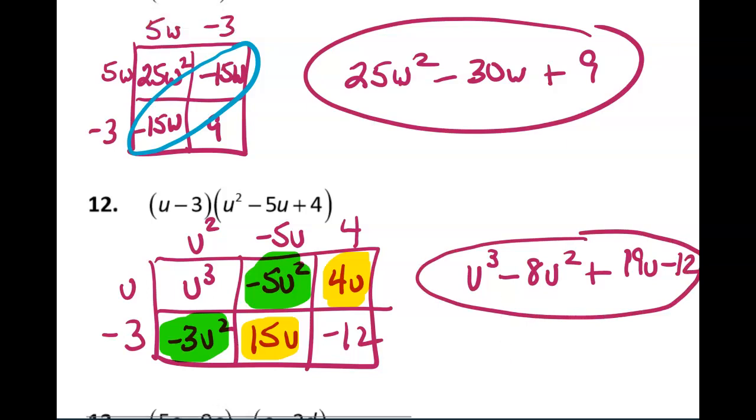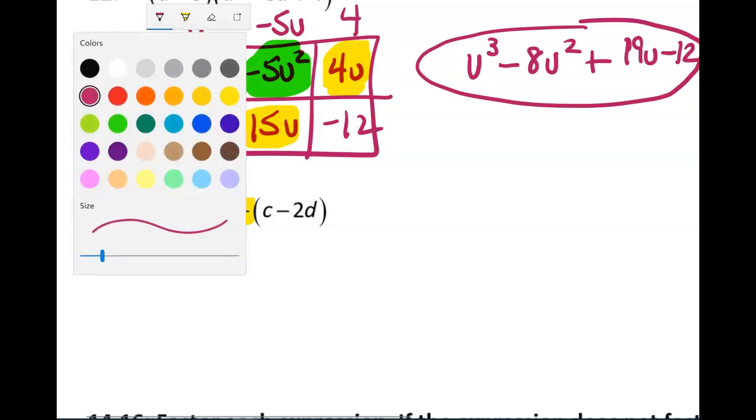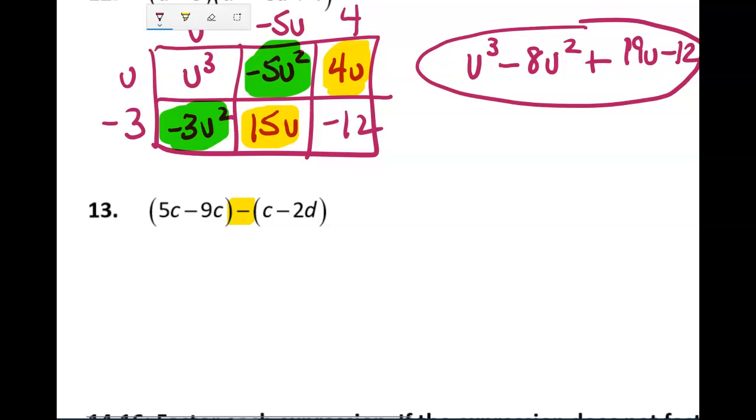All right, let's check out the last one because it looks similar, but it is not similar. One thing that I want you to notice about it is there's a minus sign in between those. So we're not multiplying them like we did with the last two. That means we're not going to use that box method. What we're going to do is subtract by adding the opposite.